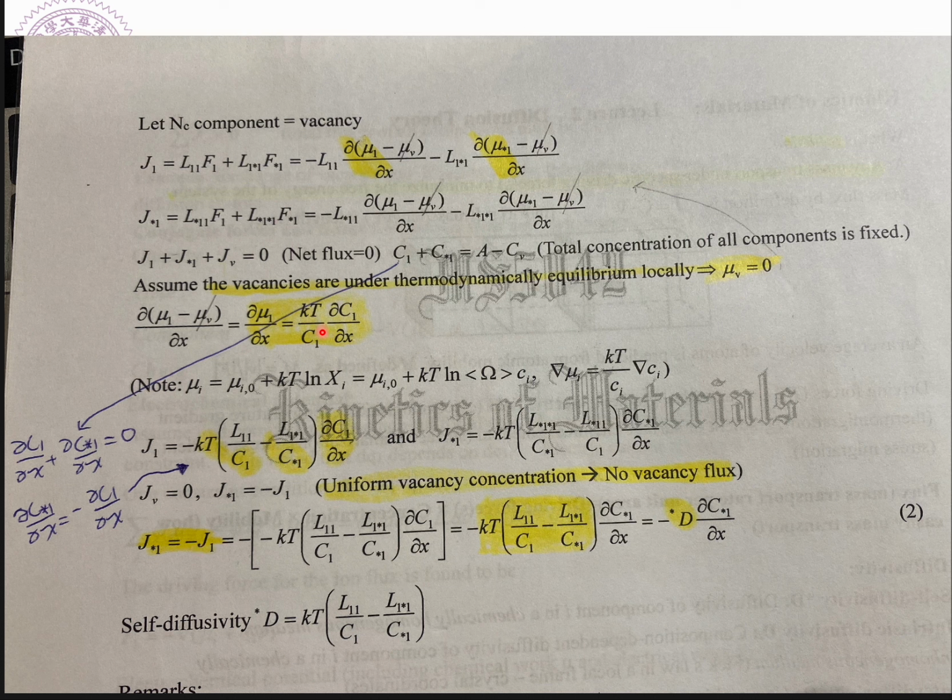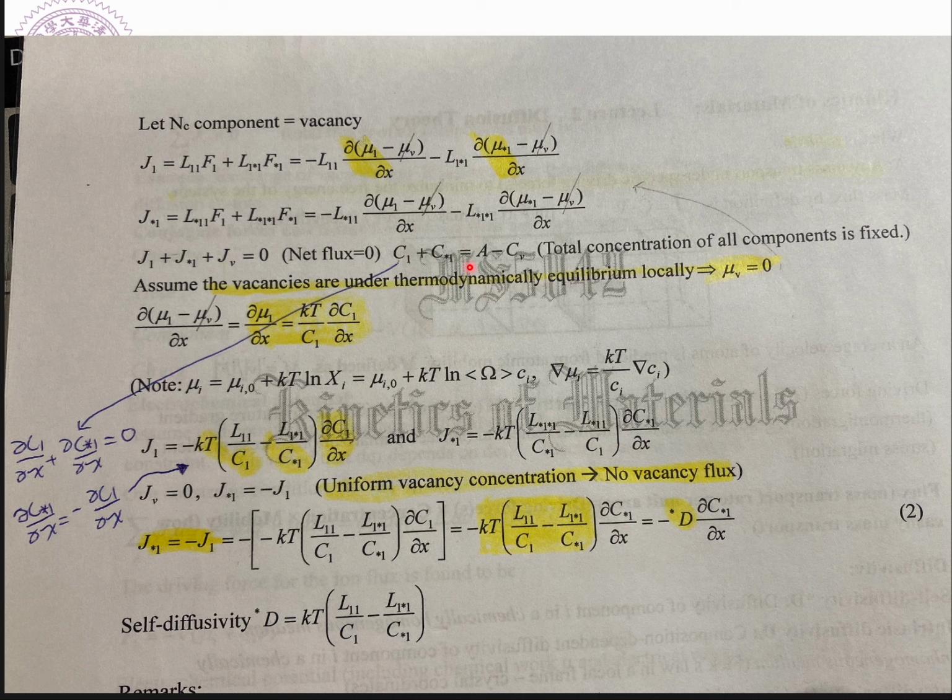So we substitute this term here, so we got this, right? So the next part is how to substitute. We directly put this J1 here, so you get minus, I just copy here, right? And next I'm going to change the concentration gradient part with this part. And how to do that?